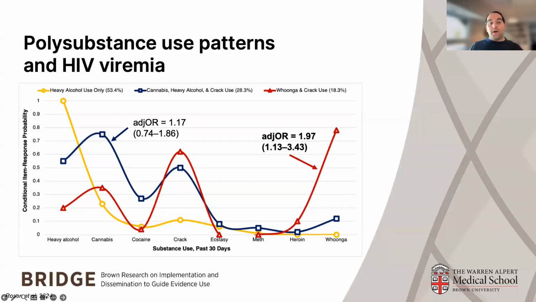And it's not really just one specific drug that folks are using that may drive disengagement with HIV services or their inability to adhere to treatment, but it really is taking more of a polysubstance use approach or paradigm as we think about these kinds of issues.